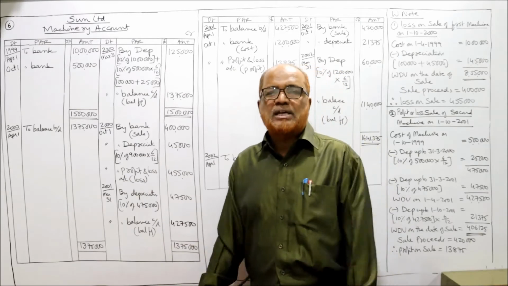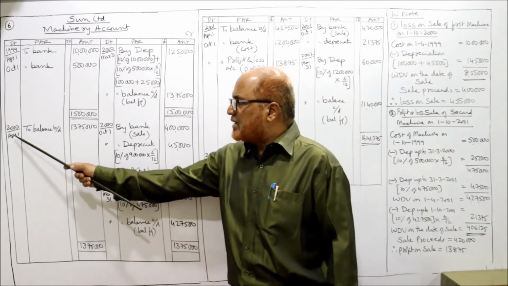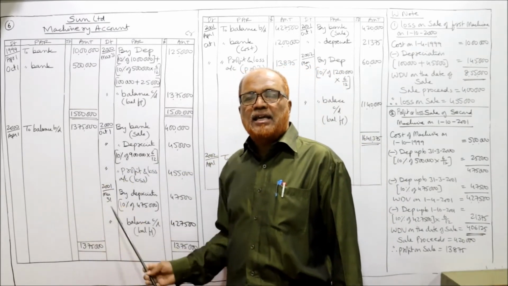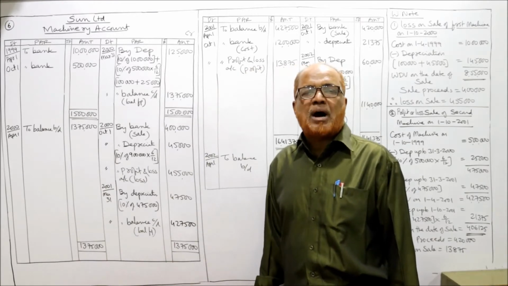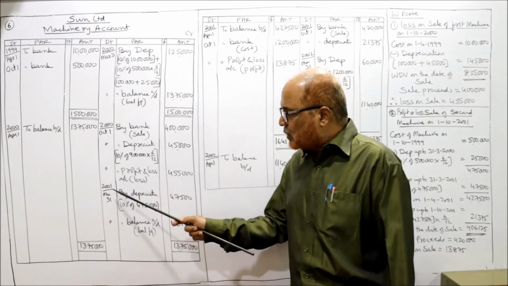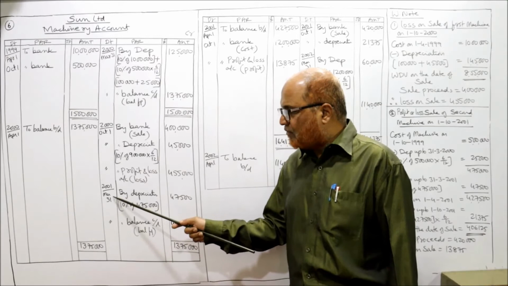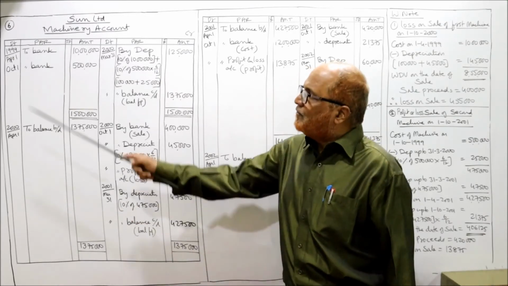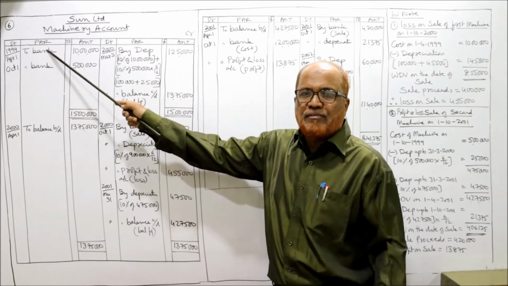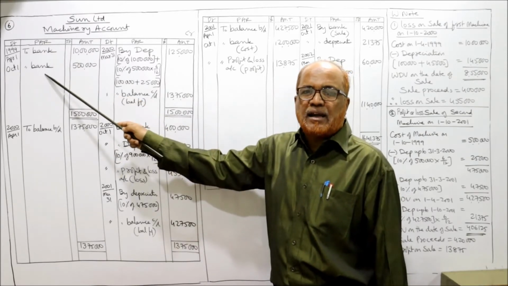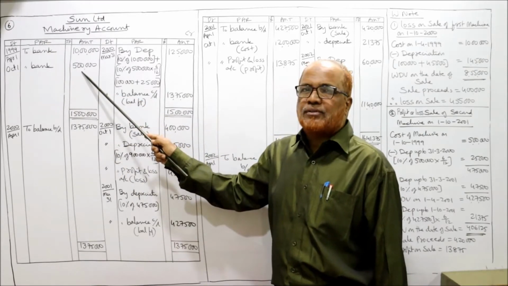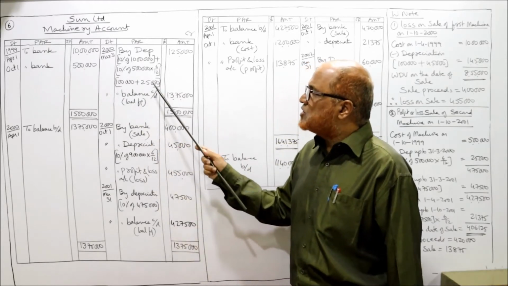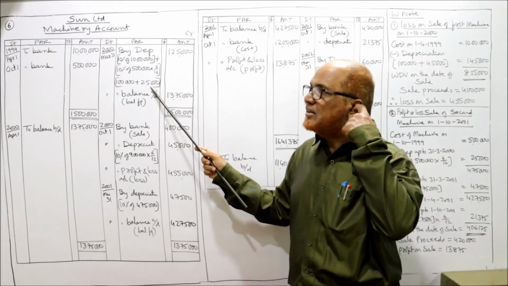Now we close the year. The year begins from 1st April 2000 and ends on 31st March 2001. So here, 31st March 2001. Now we have to provide depreciation on the second machine. First machine gone, we have already sold it. The second machine is 5 lakh rupees. First year depreciation we have provided is 25,000 rupees.